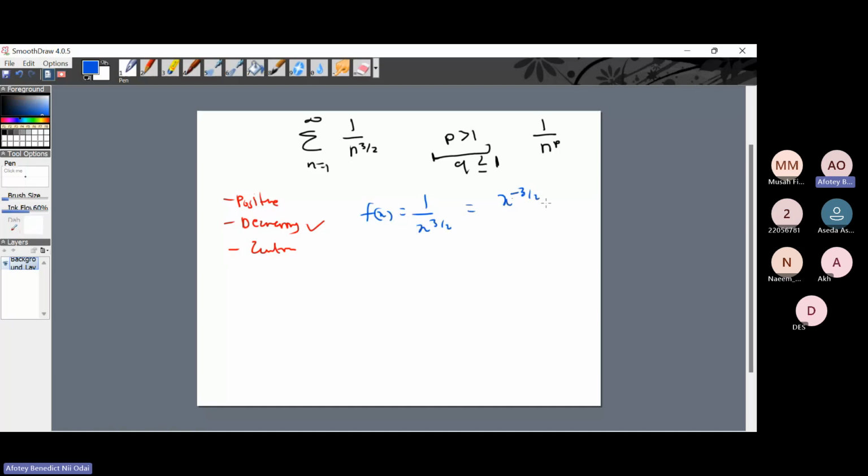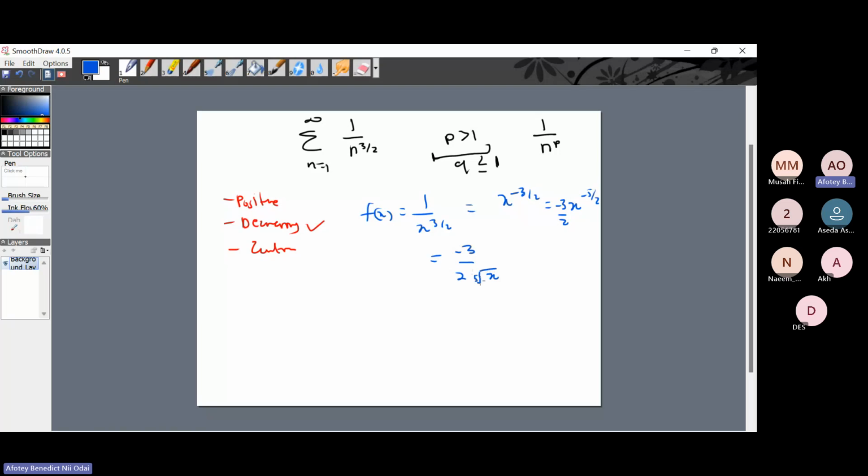To find the derivative, we get negative 3 on 2 x to the power negative 5 on 2. So this leaves us with negative 3 on 2 times the root of the fifth power of x.